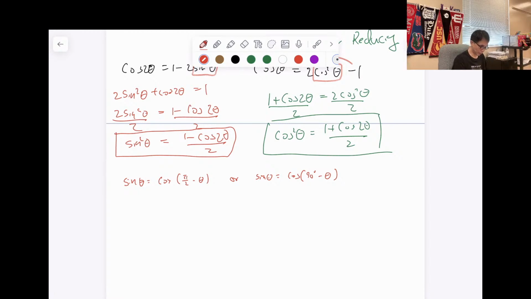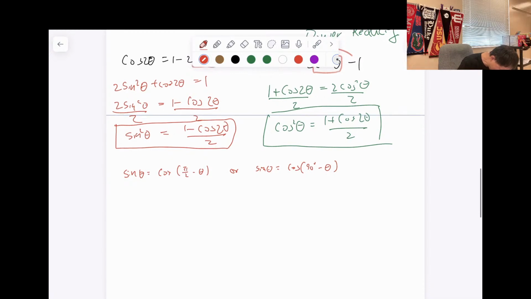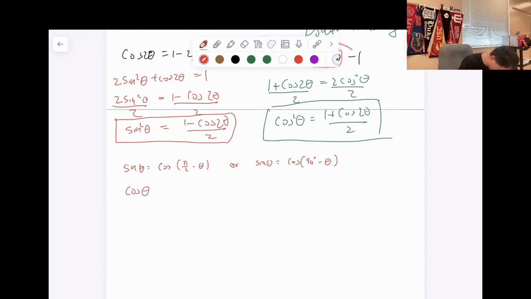Let me type in. I just don't want to give you wrong. So here applies for cosine as well.